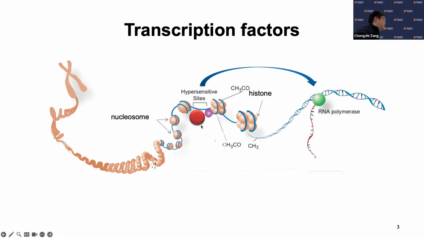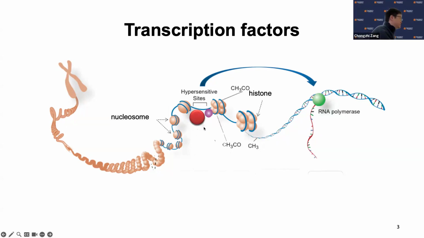And this binding process is not random. It has an important function in determining how the genome plays its role. So the most important type of DNA interacting protein is the transcription factor.